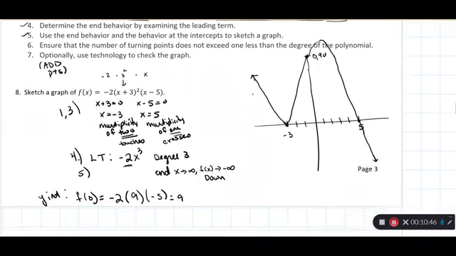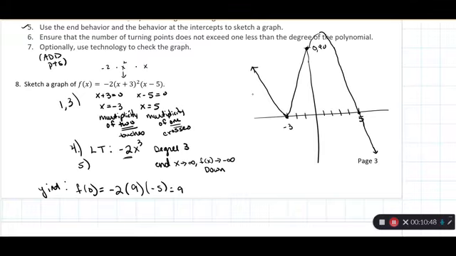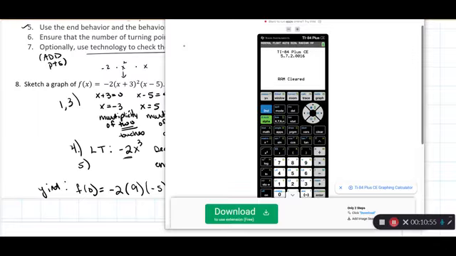And we can certainly grab our graphing calculator and check it. Maybe we should do that here quick. Let's get our calculator. There it is. Let's see, we have y equals negative 2 times the quantity x plus 3 to the power of 2 times x minus 5.